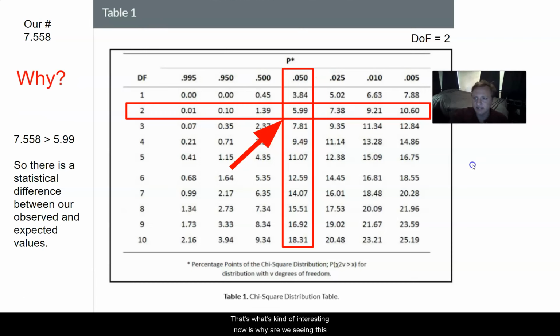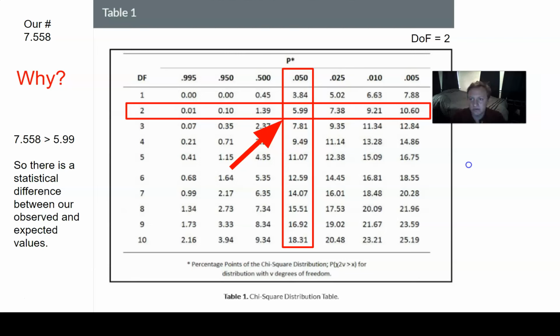That's what's kind of interesting now: why are we seeing this statistical difference? Why is our observed value different from our expected value? And that's where the biology gets interesting. Maybe it's that heterozygous individuals are dying before they can turn into flowers.